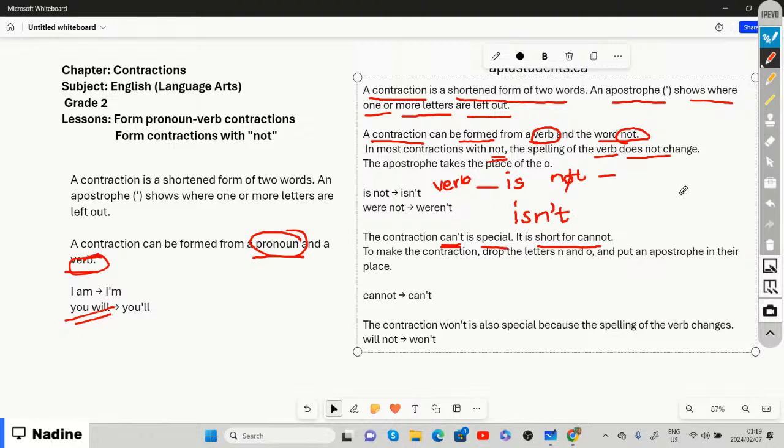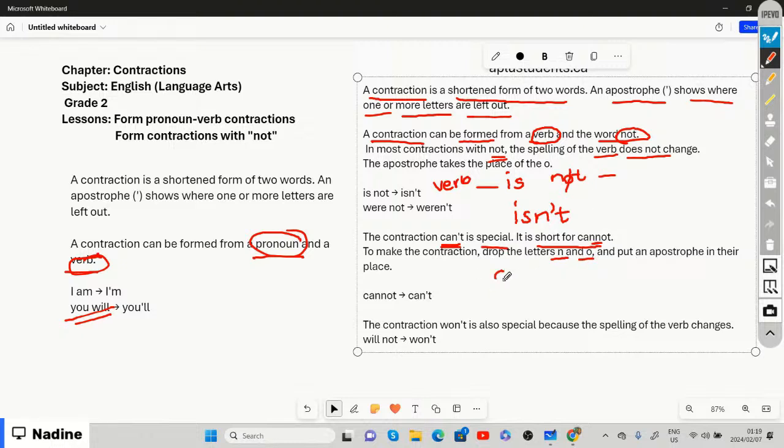And when we say that is special, it's because cannot has got two ends, right? And they basically show that we only remove the O. But in this case, we're going to have to remove the N as well as the O. So basically, to make the contraction, we are going to have to drop the letters, which is both N as well as O, and put an apostrophe in its place.